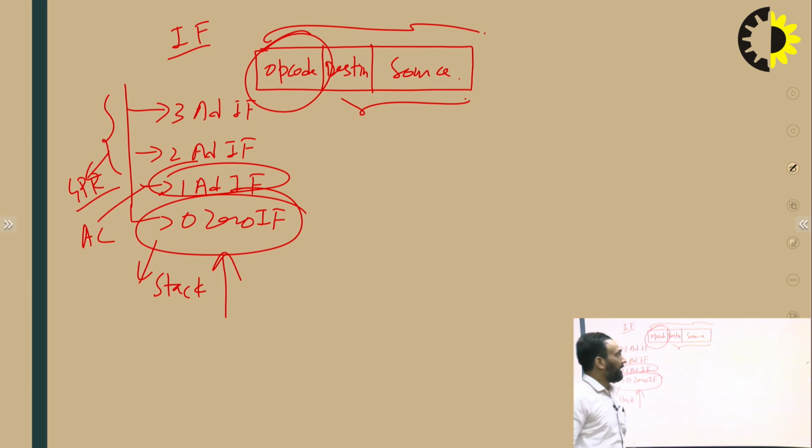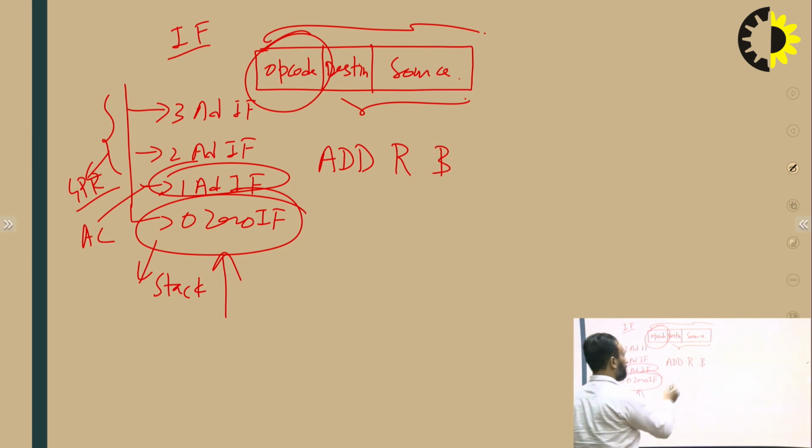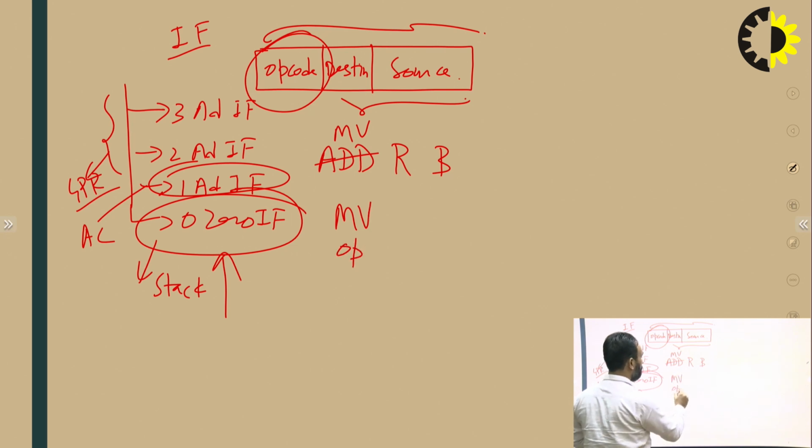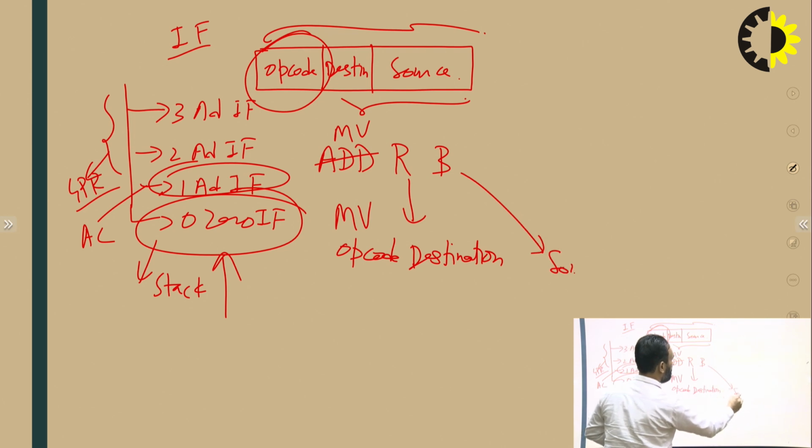When we define the address of any operand, we use this format. So how will it be defined here? For example, if I write move R, B, it represents: move is the opcode, R is the destination, and B is the source.